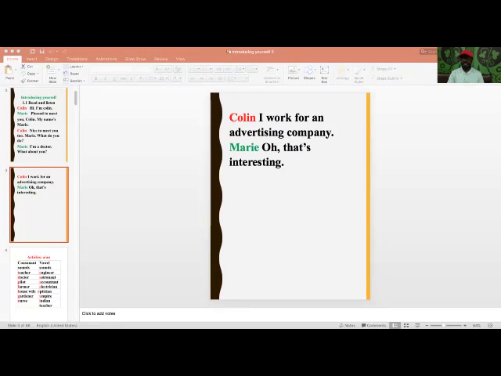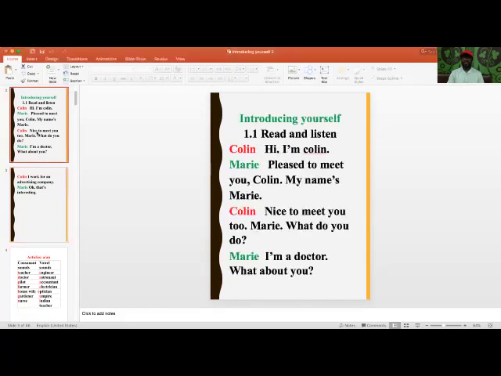Repeat after me. Now, you are not Colin and your partner is not Marie. You are going to get a partner and you practice the dialogue. I want you to remember the intonation and the contraction.